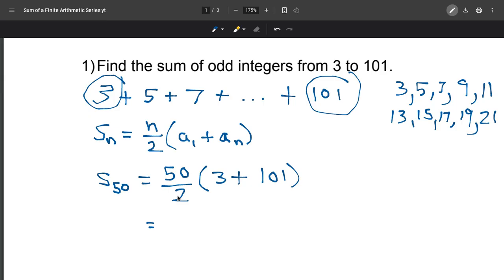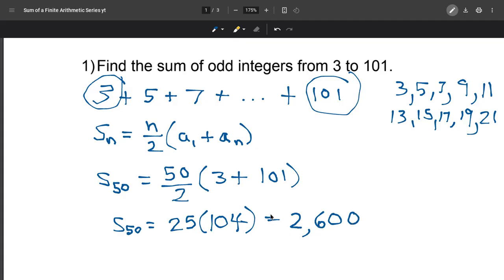So that's going to be 50 divided by 2 is 25 times 104, and if I do that out on a calculator, 25 times 104 is going to be 2,600. So that's my solution to problem 1.